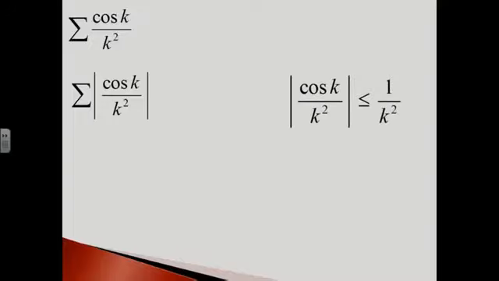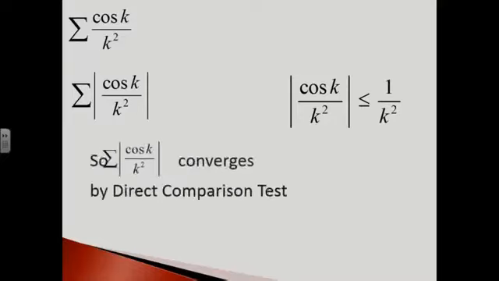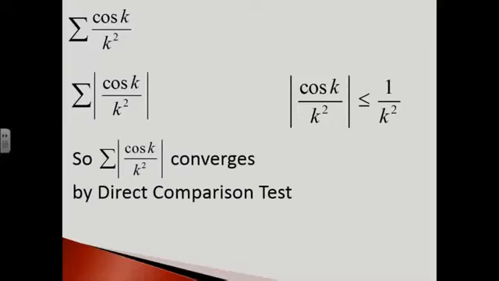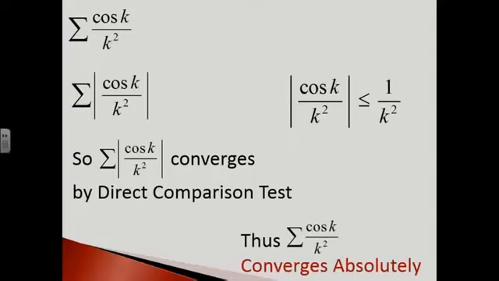Since the absolute value of cosine k divided by k squared is always less than or equal to 1 divided by k squared, and the series sigma 1 divided by k squared converges, the series sigma absolute value of cosine k divided by k squared converges by the direct comparison test. Thus, the given series converges absolutely.